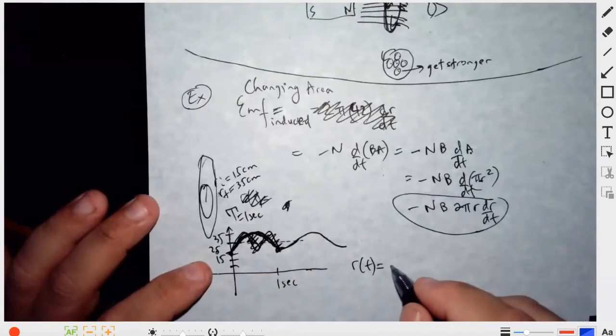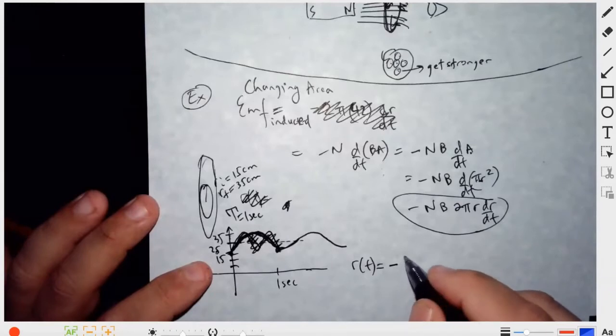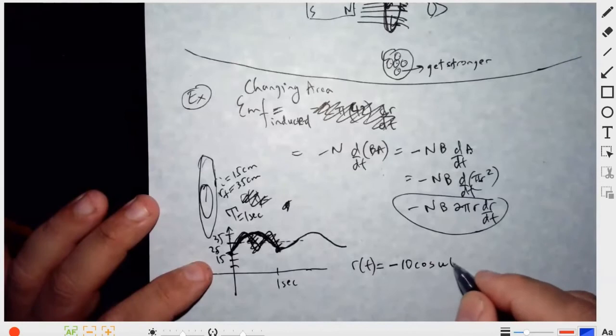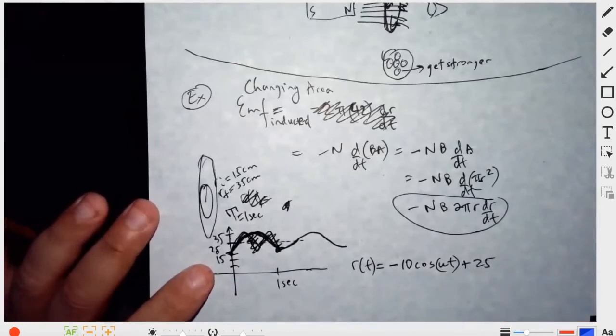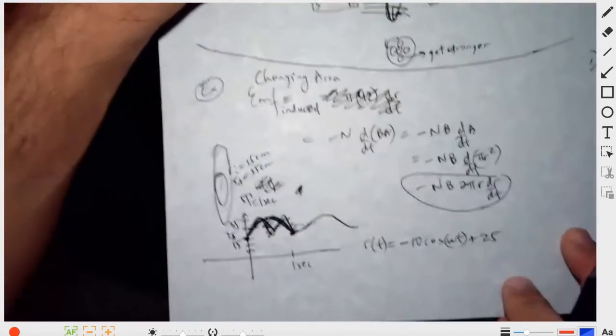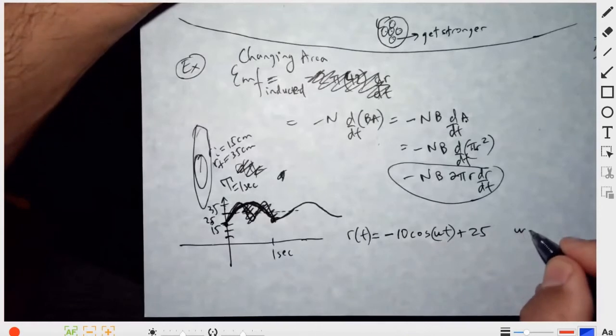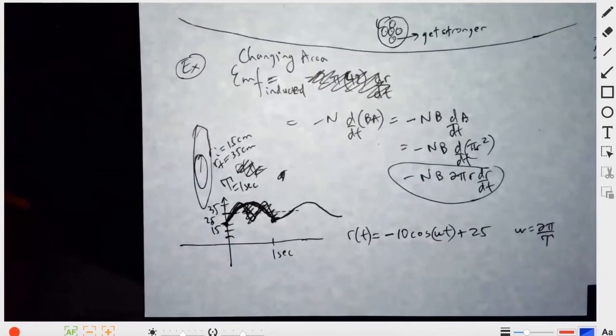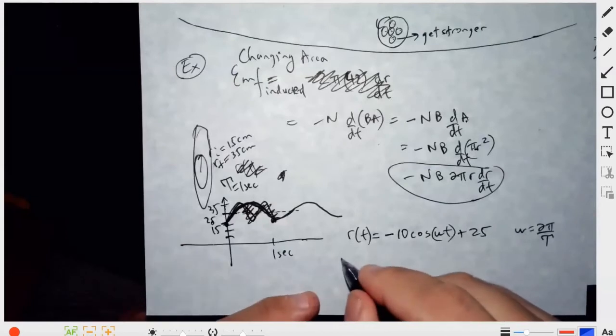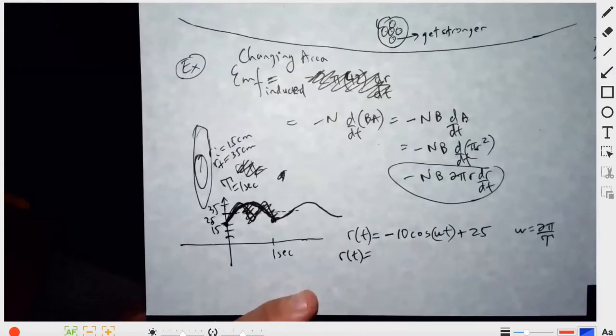So we could say negative 10 cosine of omega t plus 25. I'm making a function for it. Yeah, that should work. And then omega is equal to 2 pi over the period. Good for me, I got the equation for it. R of t.